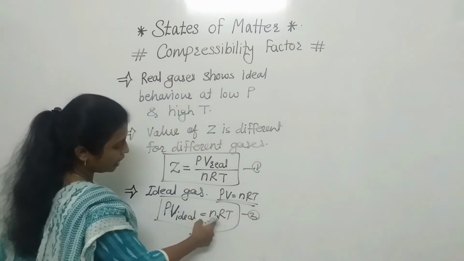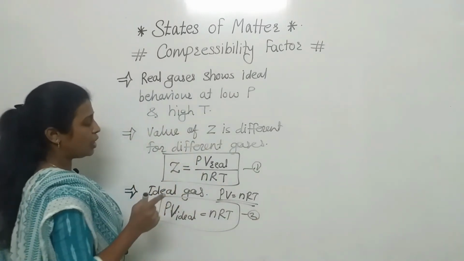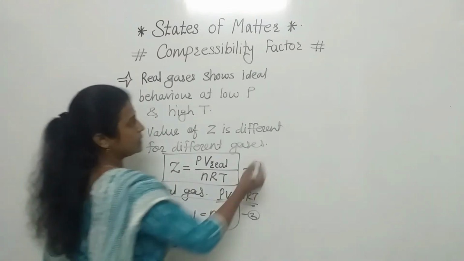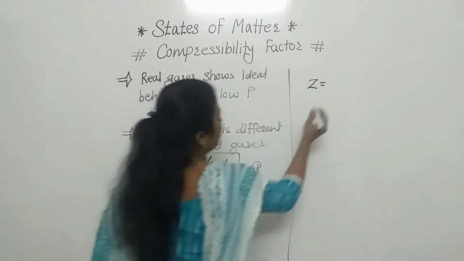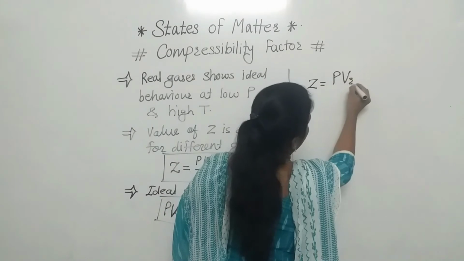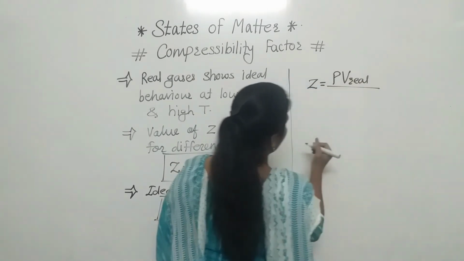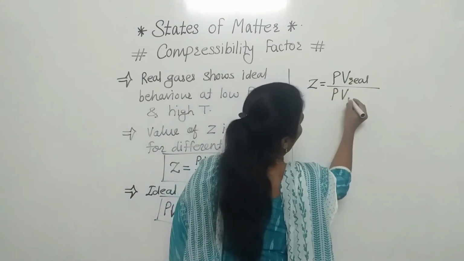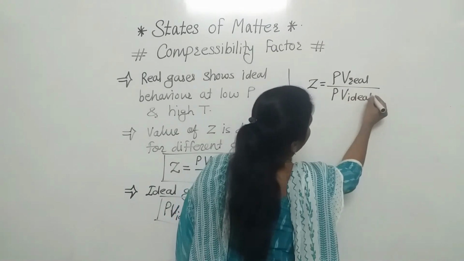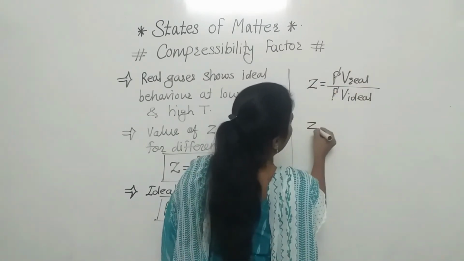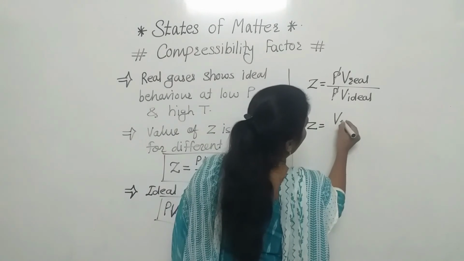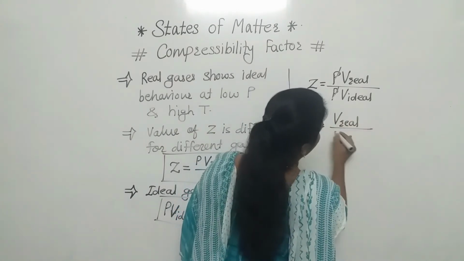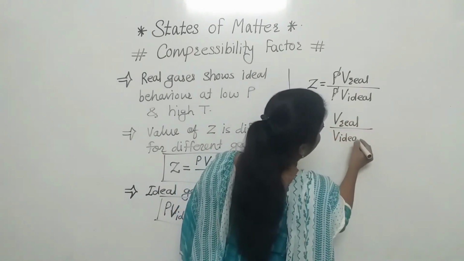Now if we put the nRT value in equation 1, then Z is equal to P times the volume of the real gas divided by P times the volume of the ideal gas. Here pressure gets cancelled. Z is equal to the volume of real gas divided by the volume of ideal gas.